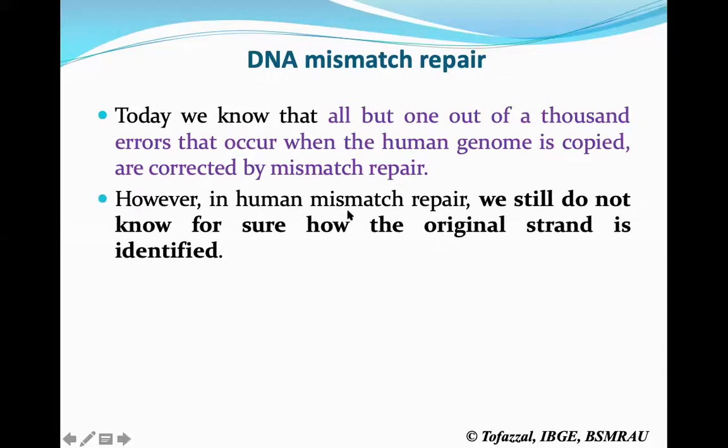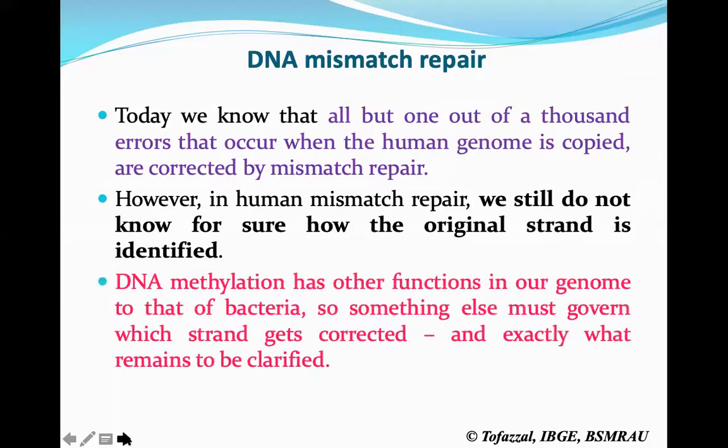However, in human mismatch repair, we still do not know for sure how the original strand is identified, because this area is still dark gray. Scientists are still researching how the original strand is identified during mismatch repair.